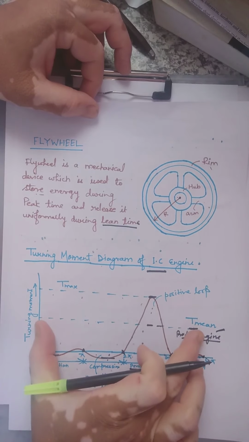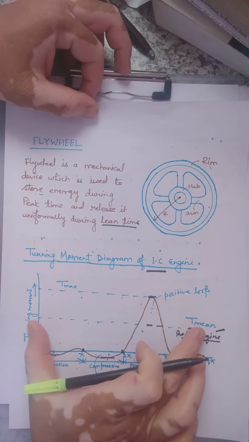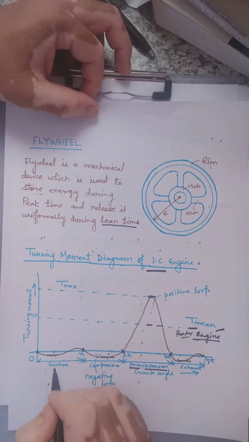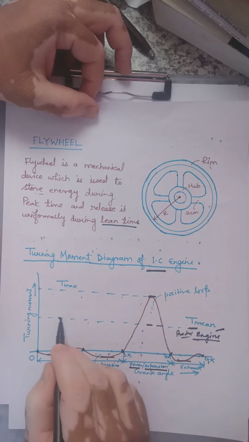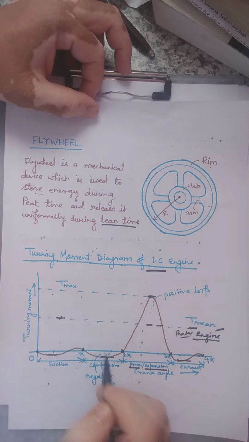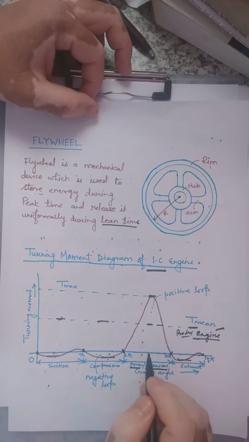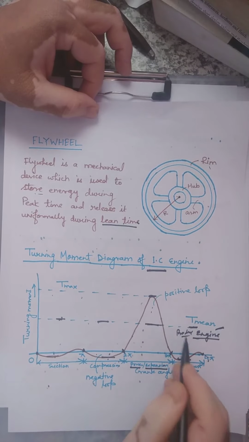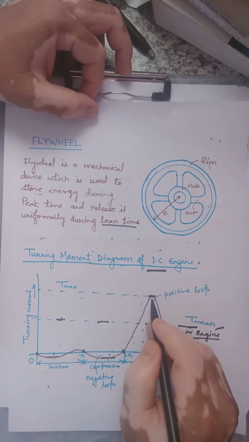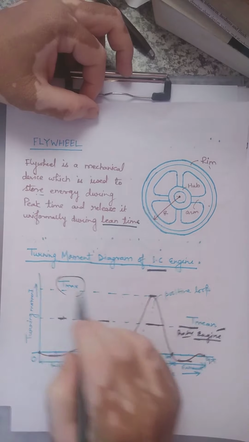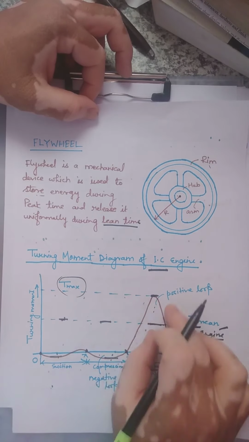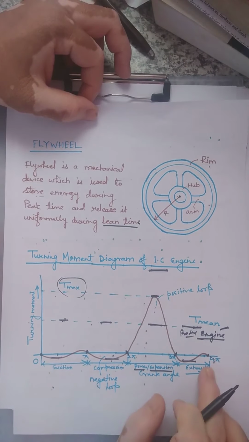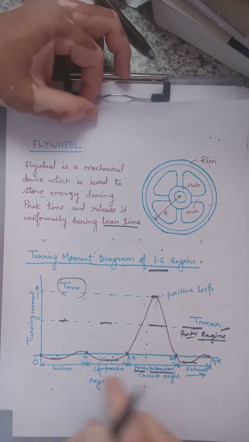In this mean resisting torque we assume that the whole power is also here. We will get power in the suction stroke, in the compression stroke, in the power stroke, and in the exhaust stroke also. The maximum power, the T mean, that is this positive loop, is uniformly distributed to all the other strokes.